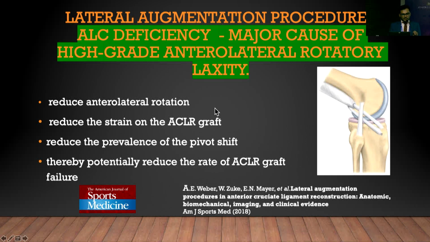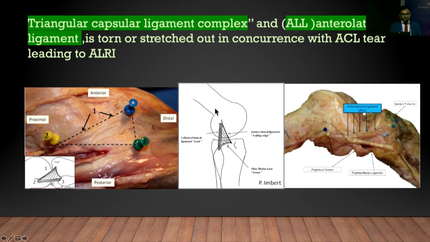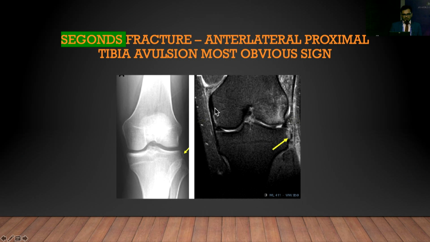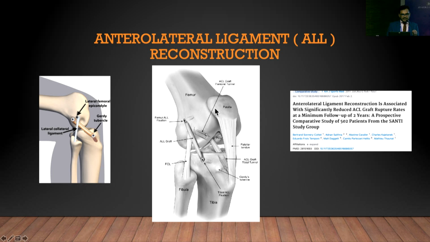It decreases the strain on the ACL graft, decreases the prevalence of pivot shift, and thereby reduces the rate of ACL graft failure. The anterolateral ligament is a triangular complex, and some of the authors believe it's a single ligament on the anterolateral aspect of the knee. Many times you see a Segond fracture, but most of the time you may not get this classical sign of anterolateral ligament tear.